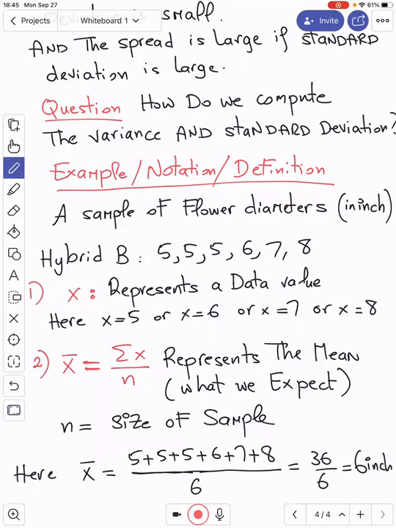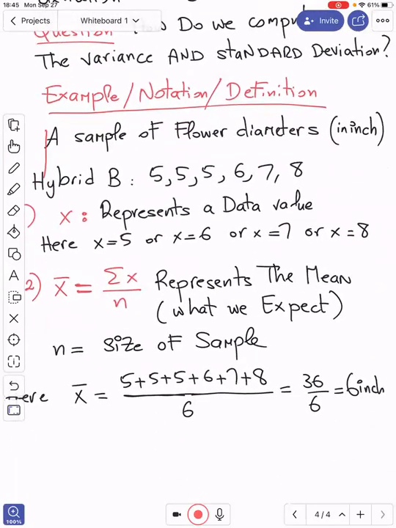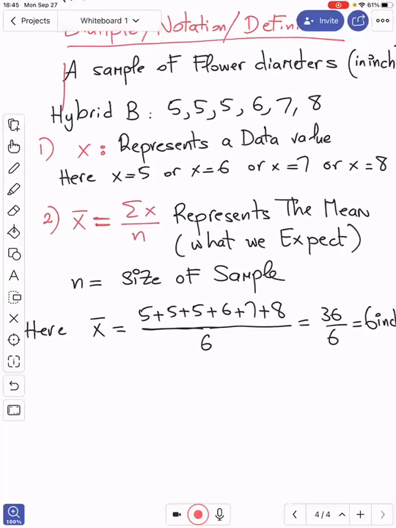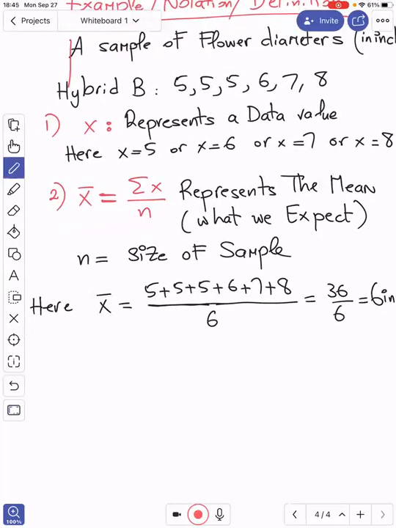Now, guys, next, to compute the variance and the standard deviation, we're going to need the sum of X squared.